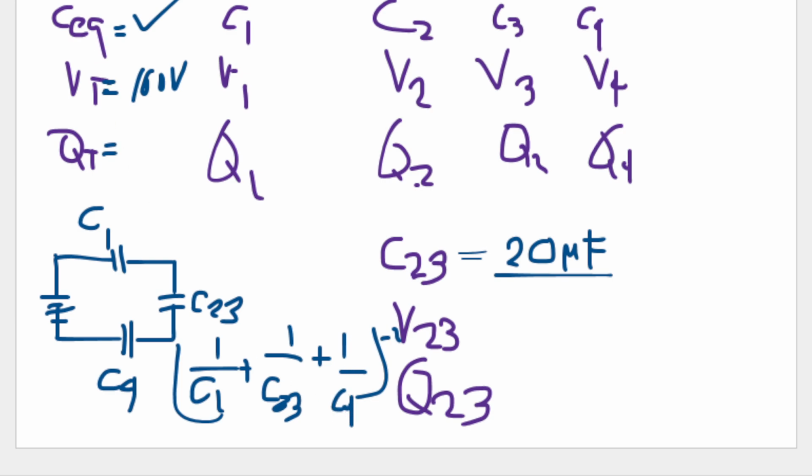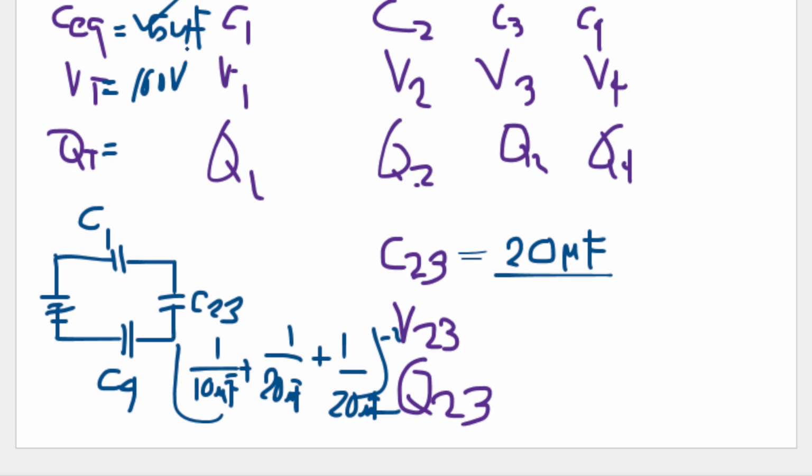Remember that C1 is 10 microfarad, C23 is 20 microfarad, and C4 is also 20 microfarad, all raised to negative 1. So CEQ is 5 microfarad. This is the CEQ.